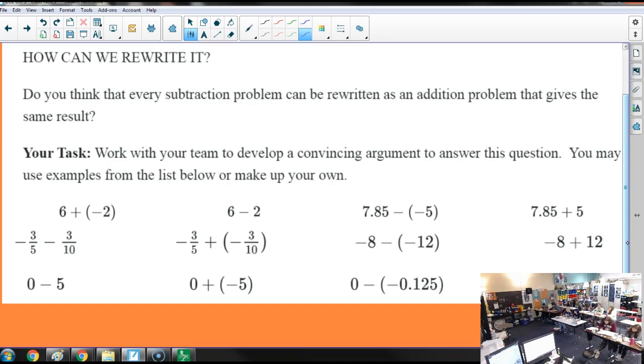Negative whatever you want, really. You have negative pi. So make sure you're writing down some examples. Sorry, I didn't say that. But write down some examples to support your argument.